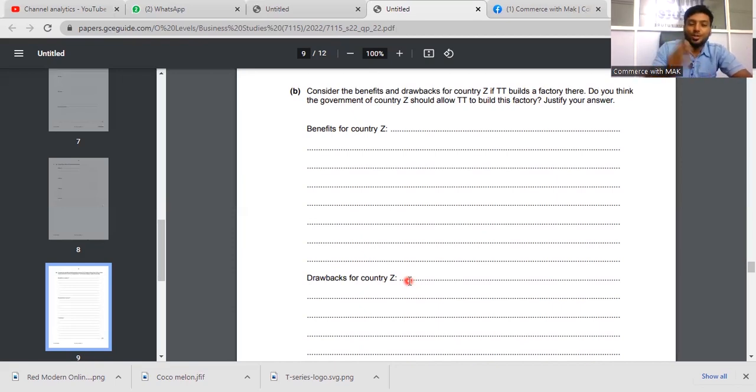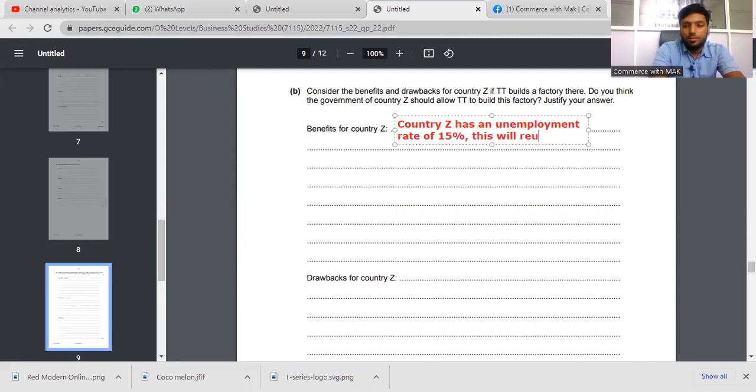Let's move on to the benefits now, explaining why this is good for the country. You can write: country Z has an unemployment rate of 15%. This will reduce if TT builds its factory.